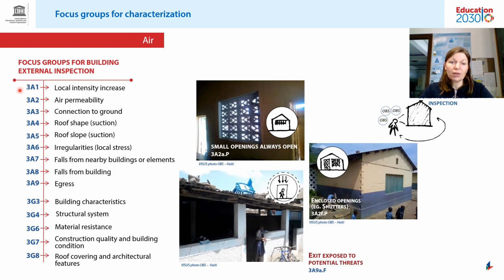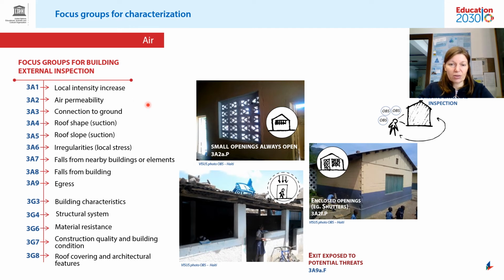Then it is important to characterize the air permeability of the buildings, characterizing the openings. As in this example, you can have small openings that are always open, or you can have enclosed openings. So in case of wind, it is possible to enclose the openings. There will be no strong wind inside the building.